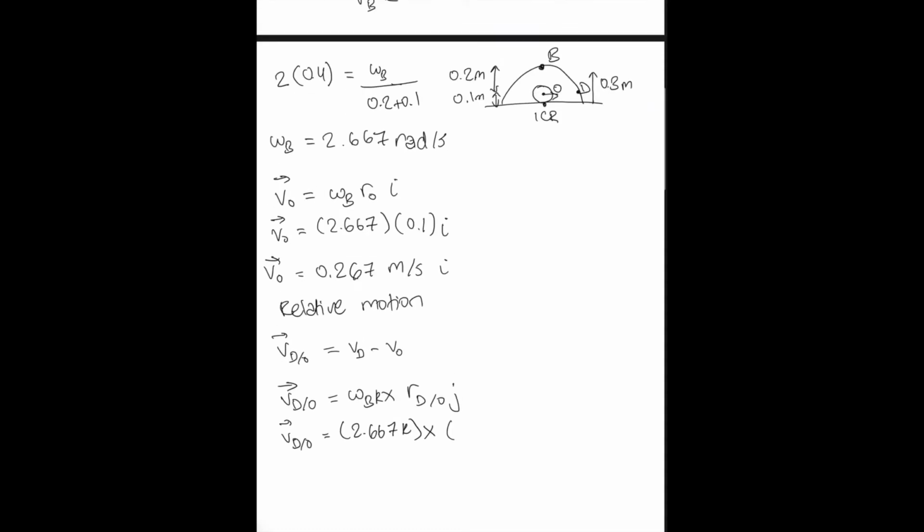And we're going to plug in our known values. The distance from here to here is 0.2 meters. And that will give us a value of 0.533 meters per second in the j direction.